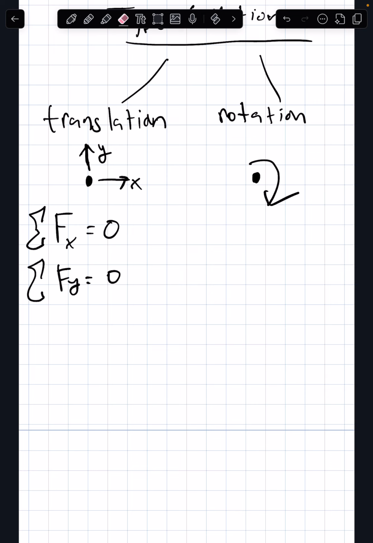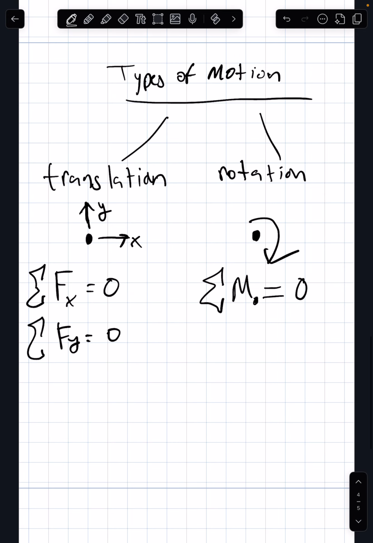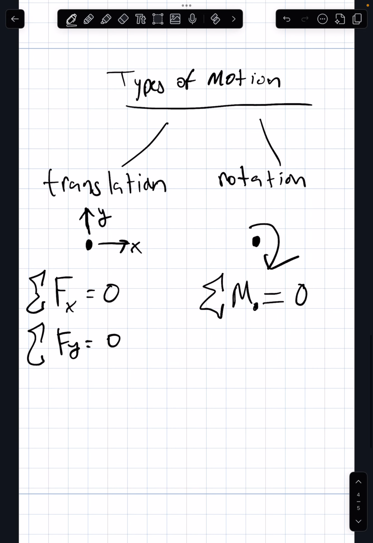And our spin, we call it moment. I should say the sum of the moments about this point equal to 0. That's basically what we're trying to do in statics: ensure that if something is not moving, then all the forces need to balance.